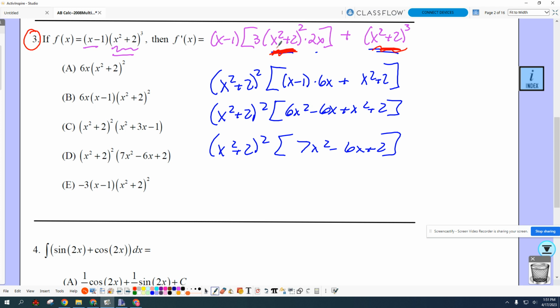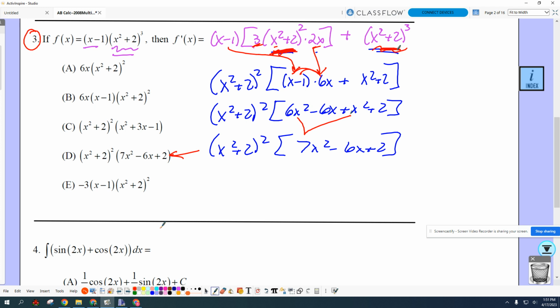What was left behind? Well, x minus 1 was still there, and the 3 times the 2x was still there. And those guys were multiplied together. This had one thing left in it, still one more x squared plus 2. Got to distribute these. 6x squared minus 6x plus x squared plus 2. 6 plus 1 is 7, x squared. So then, in the end, it looks like D.